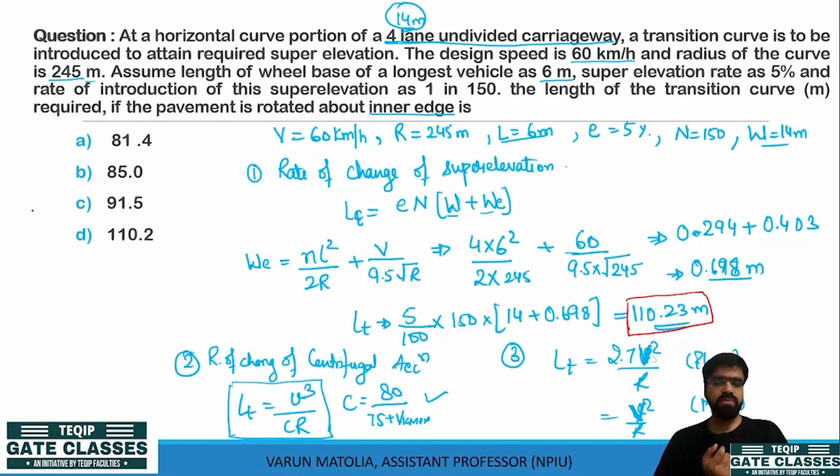So the best option from the given options is the fourth one, that is 110.23. We can calculate for our practice the length of transition curve from these formulas. In the comment section or chat box, please let me know if these values are coming higher or lower as compared to the first value.